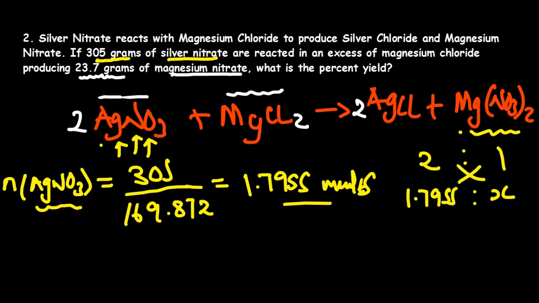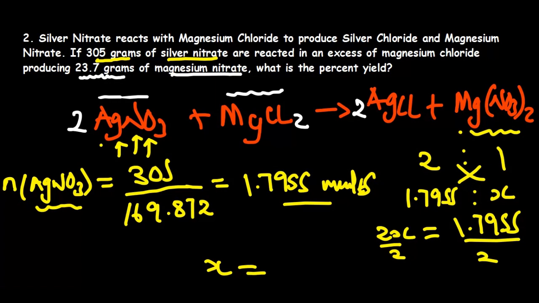So cross multiply, we're going to have 2x is equal to 1.7955, and then we divide both sides by 2. What are you going to get? We are going to get x is equal to, so let's divide this number by 2.